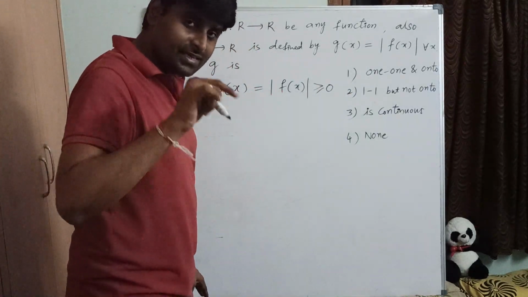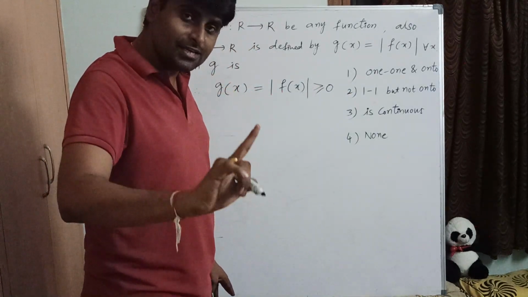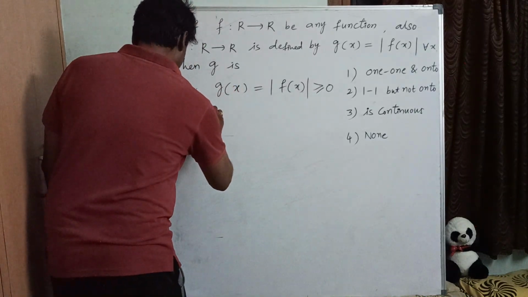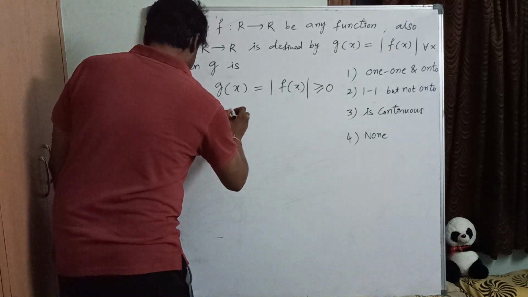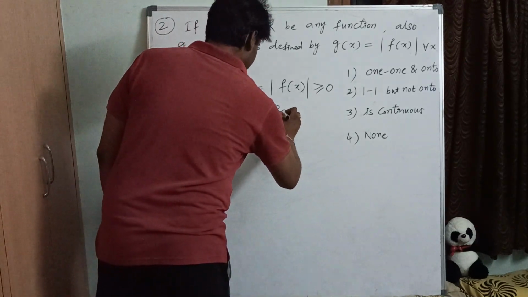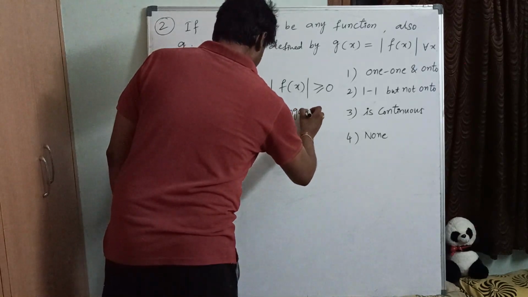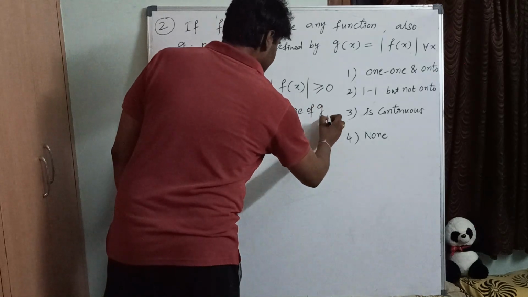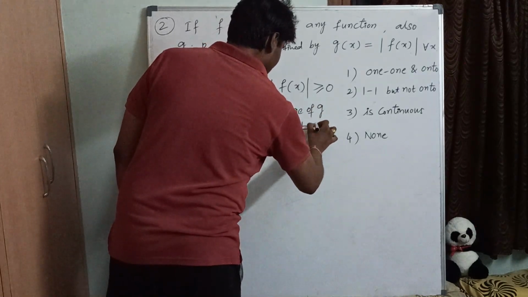So g of x gives us always 0 or a positive value. That means g of x is greater than or equal to 0. So what is the range of g? The range of g is not equal to R, correct or not?